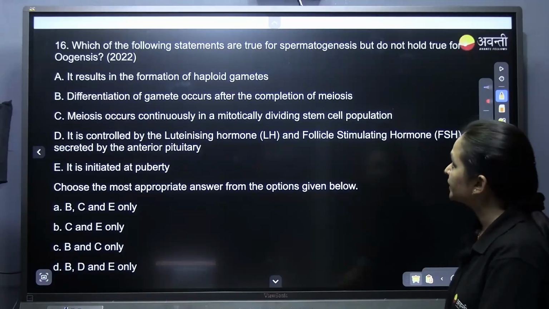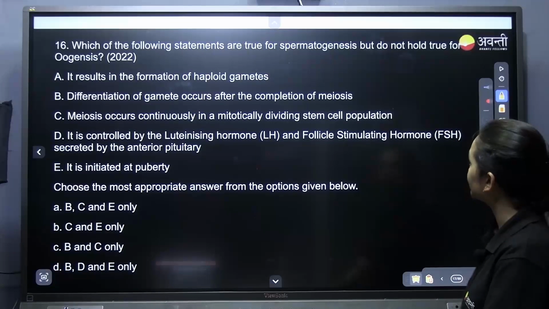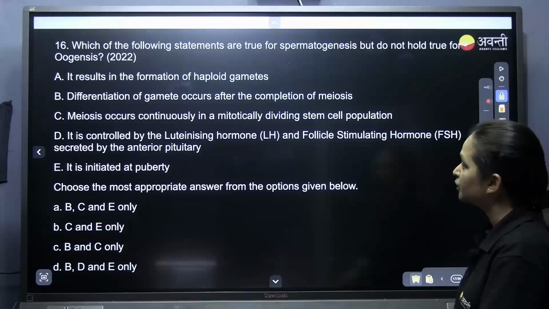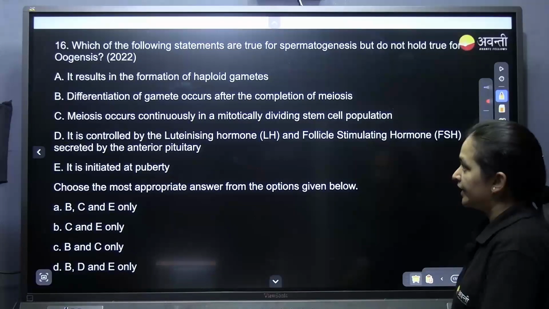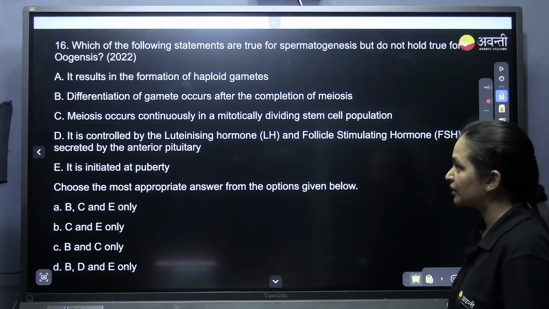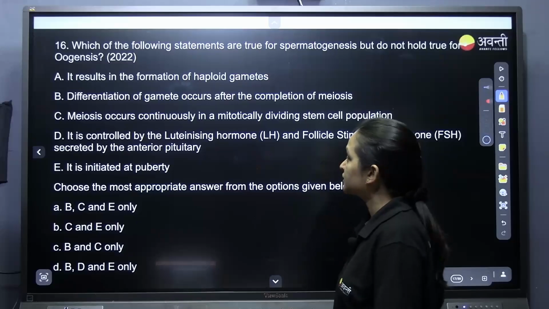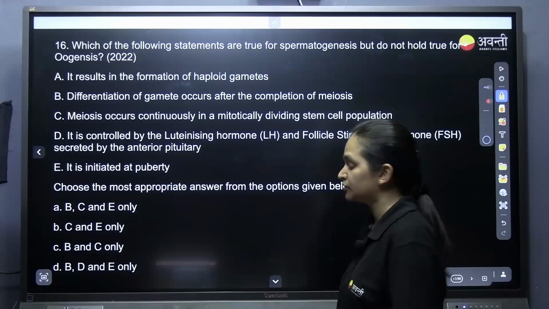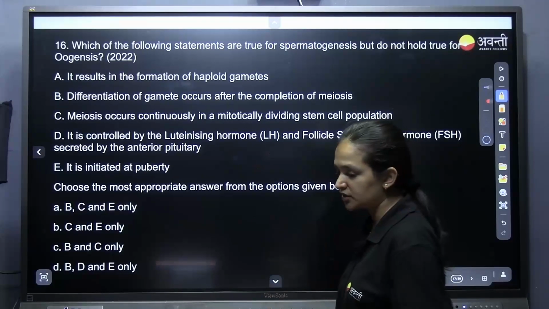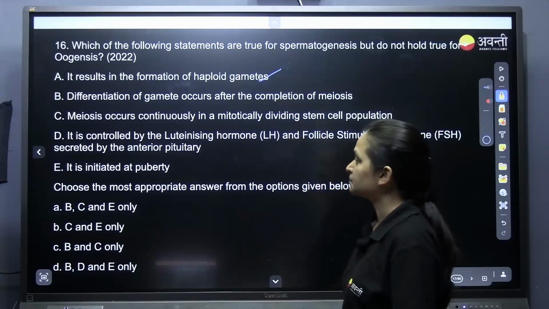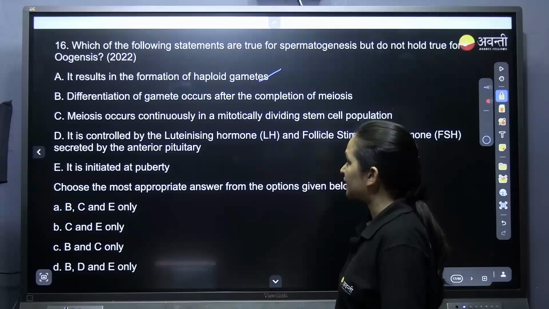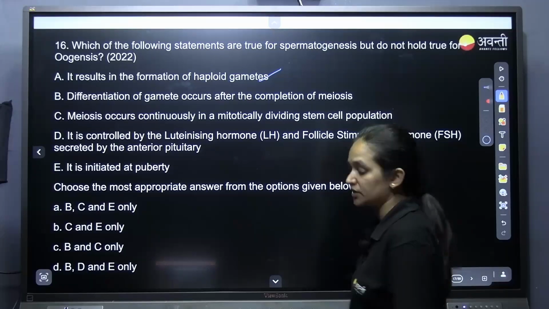Which of the following statements are true for spermatogenesis but do not hold true for oogenesis? It results in the formation of haploid gametes. Is it true? It is true for both. Differentiation of gametes occurs after the completion of meiosis.